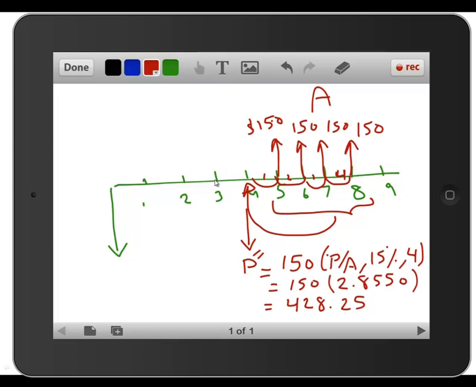So this is the value for the P double prime on this line here.